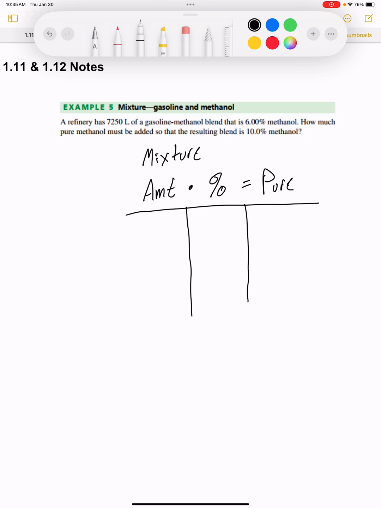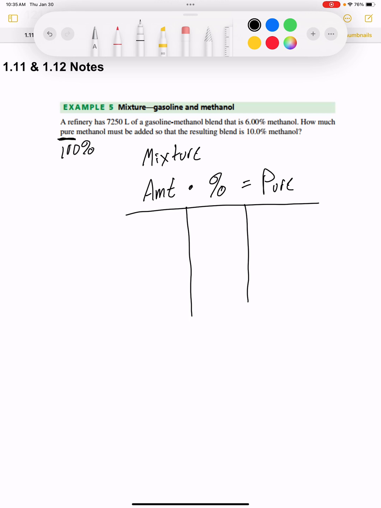Anytime I'm doing these, notice although you only see 2 percentages up here, there's actually 3 percentages, because it says pure: how much pure methanol must be added? And what do you think the percentage of pure methanol is? Well, if it's pure, then it's 100%.